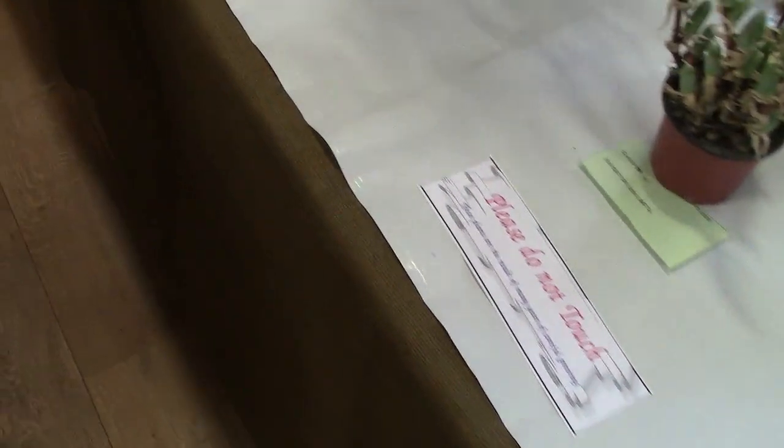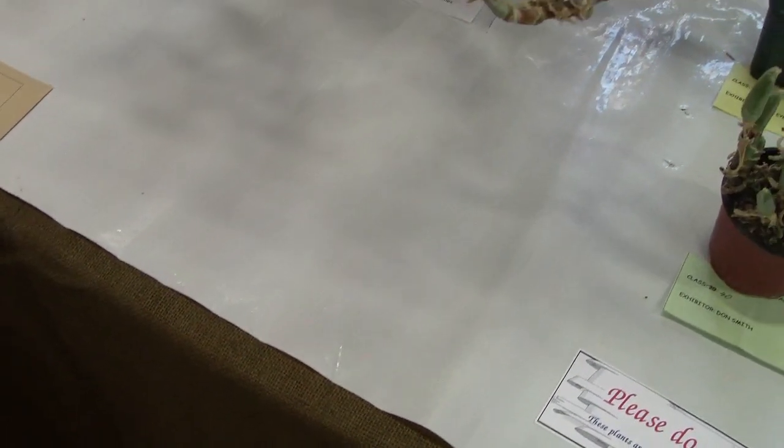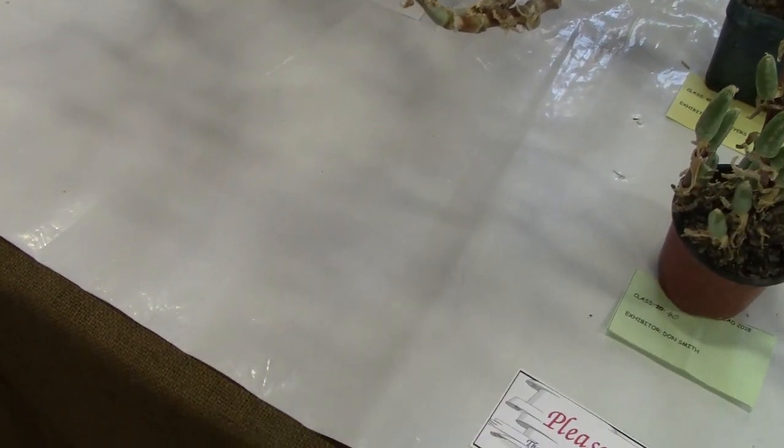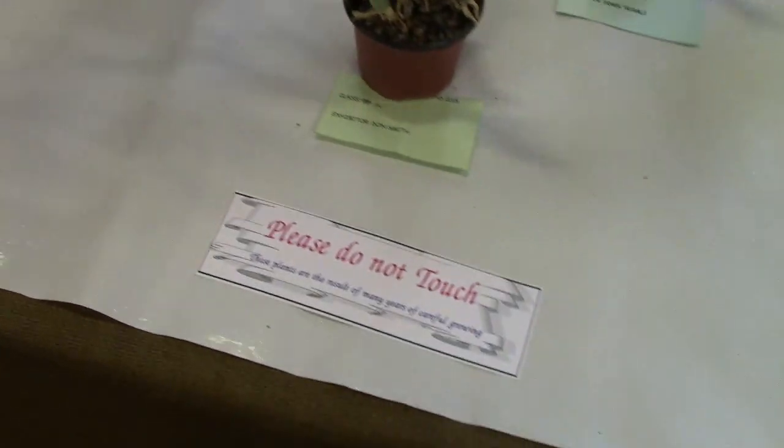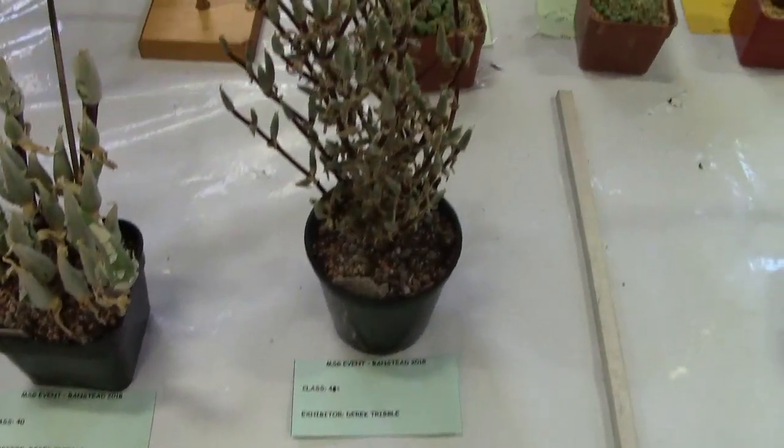And after that, we've got class 40, which is Dicrocorlin, Jacobsenia, Mariophyton, Mitrophylla, Monilaria and Uphyton. And this is quite a show of beautiful plants.